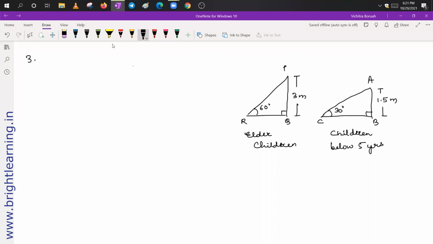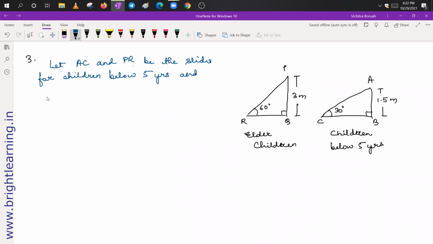So first here you will write that let AC and PR be the slides for children below 5 years and elder children respectively.